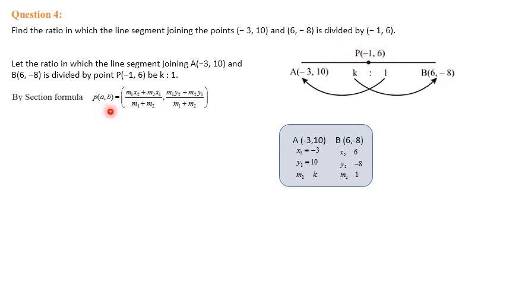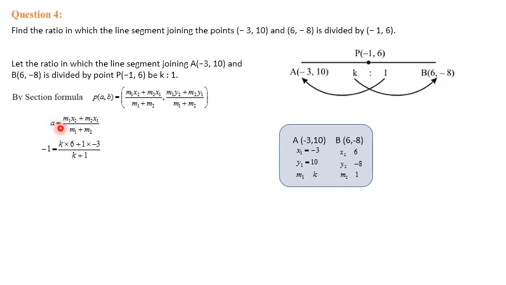So simply we are writing the formula. Comparing the coordinates, a is the x coordinate. So a I have written as m1 x2 plus m2 x1 divided by m1 plus m2.